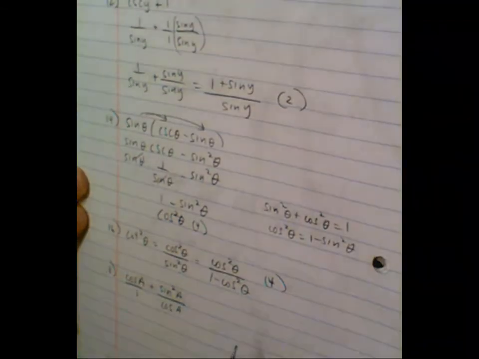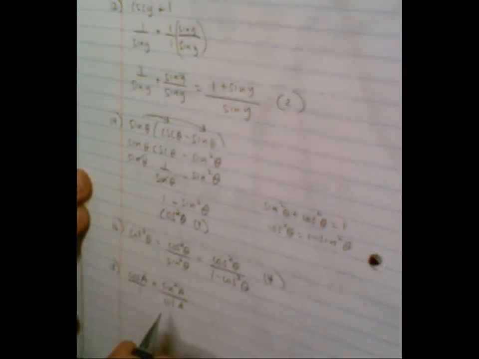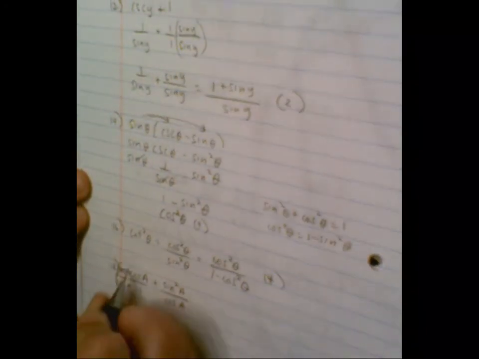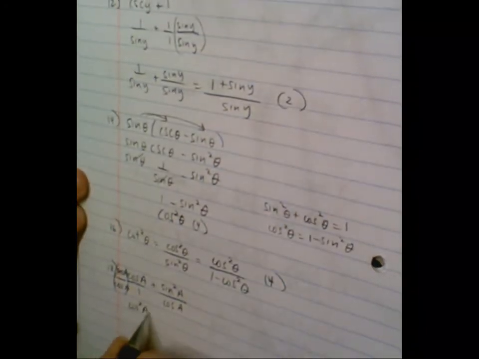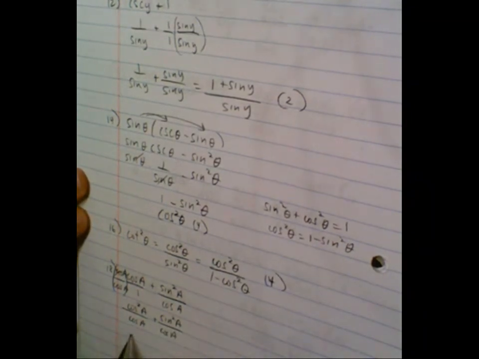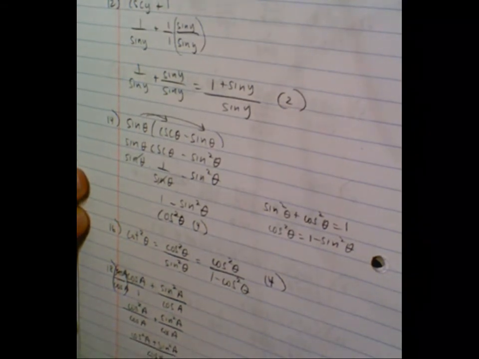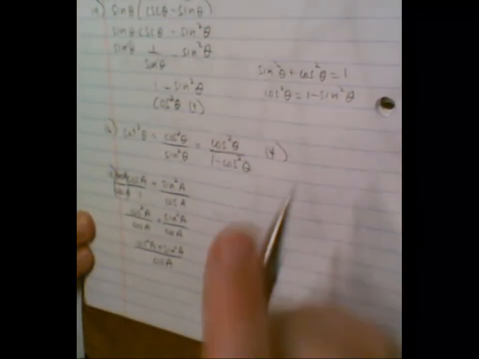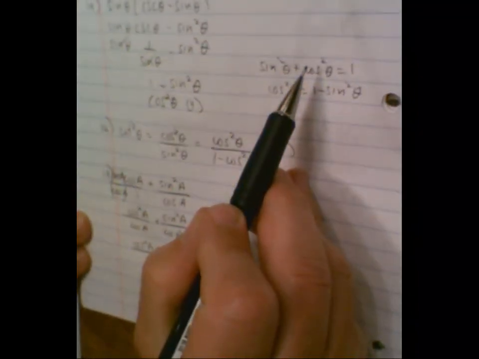So the lowest common denominator is going to be cosine A. So I'm going to multiply by cosine A over cosine A. So I get cosine squared A over cosine A plus sine squared A over cosine A, which is cosine squared A plus sine squared A over cosine A. Cosine squared A plus sine squared A from up here is equal to 1.